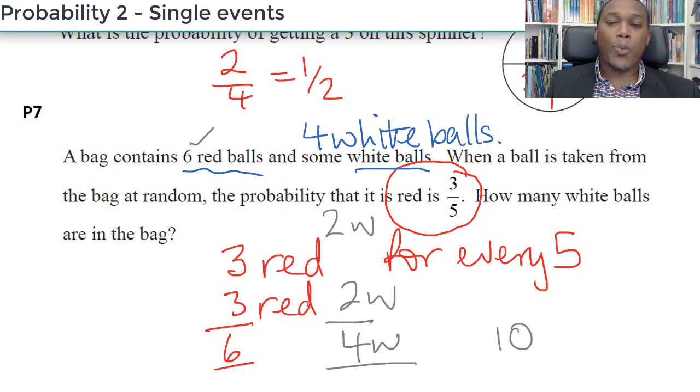And I hope that explanation makes sense, because when I looked at this question, I included it. It goes into the world of ratio, sharing in a given ratio, for every 3 red, 2 white, 3 red, 2 white, and making that big link between ratio and fraction. So it's a probability question, but it's an interesting one. Hopefully that makes sense.